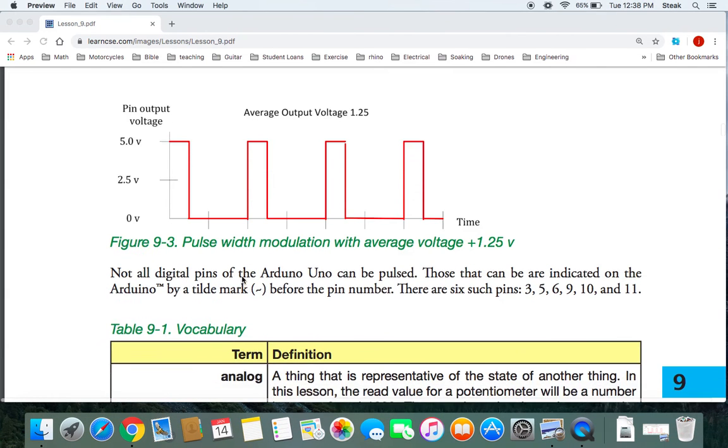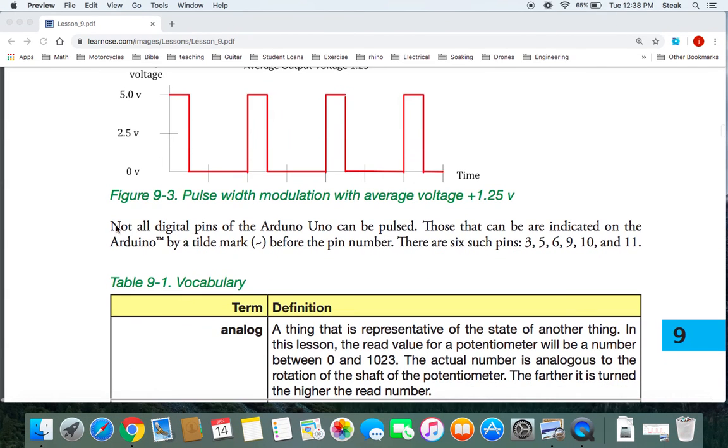Oh, important point here. Not all digital pins of the Arduino can do this. Some of them can, and they have a little tilde mark by it. And you can look at your Arduino and you'll see that little mark, and it corresponds to these pins here.